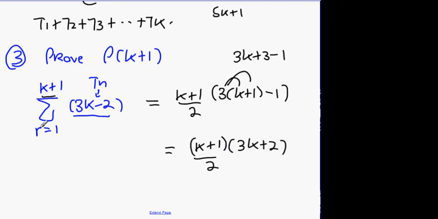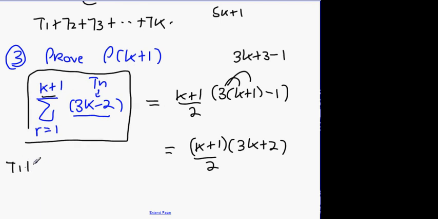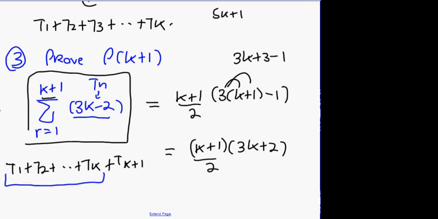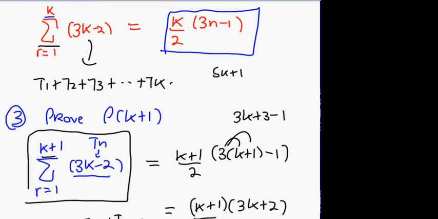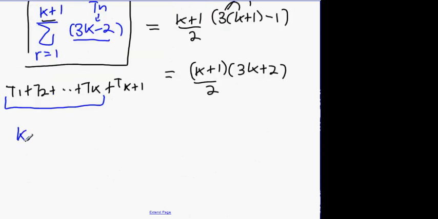Now, this full part here means t1 plus t2 plus dot dot dot plus tk plus t of k plus 1. Now, I can figure out what t of k plus 1 is. This whole part here, the sum of k terms, is basically k over 2 into 3k minus 1.